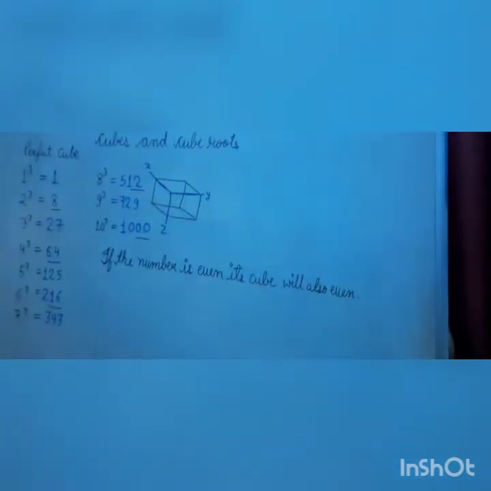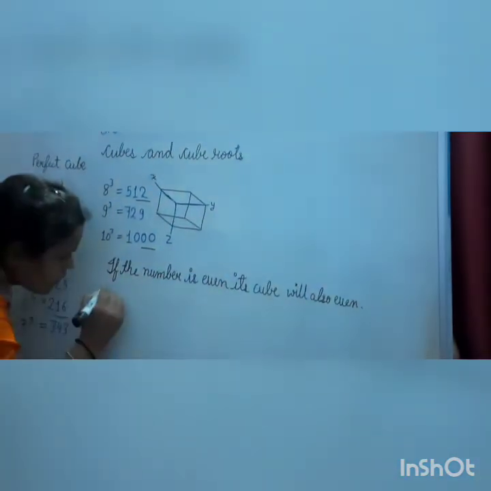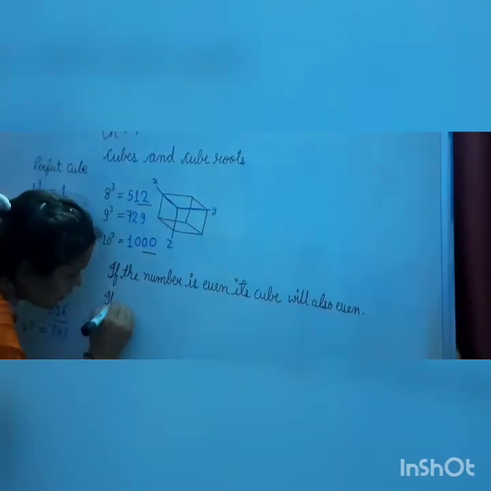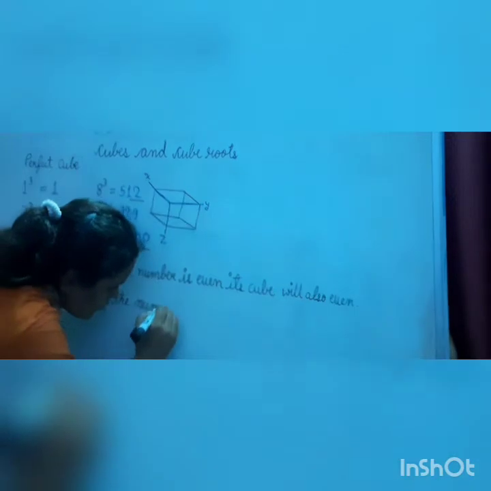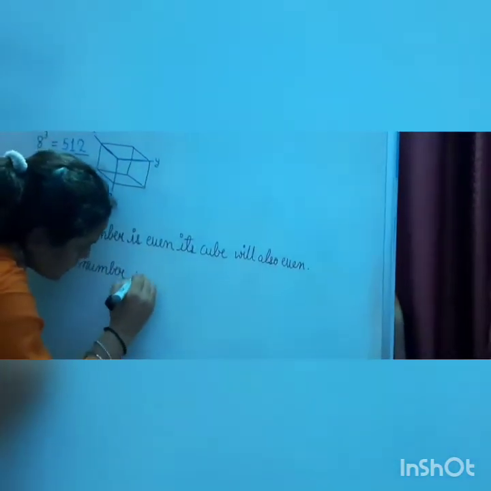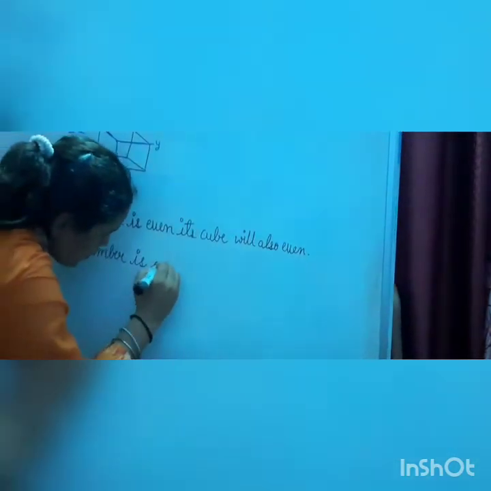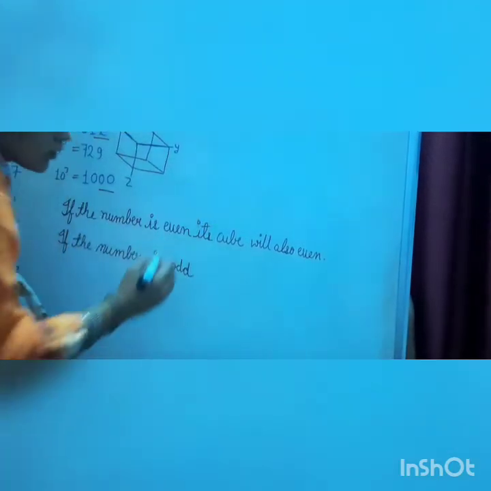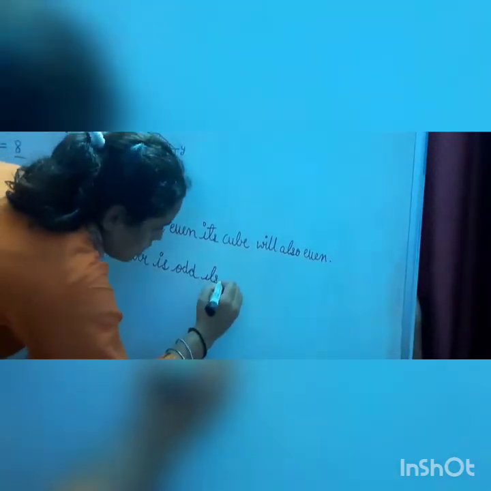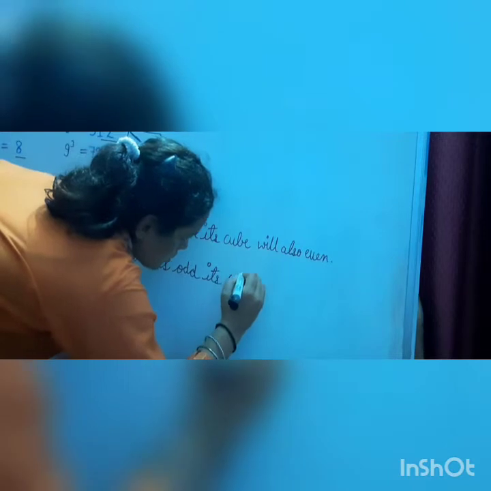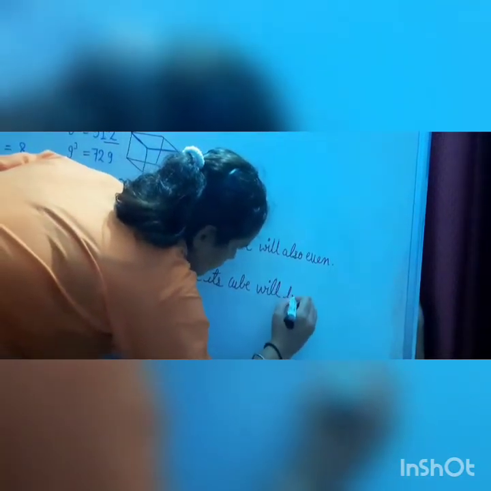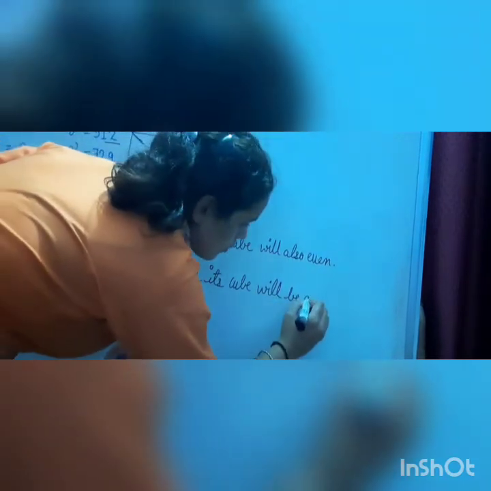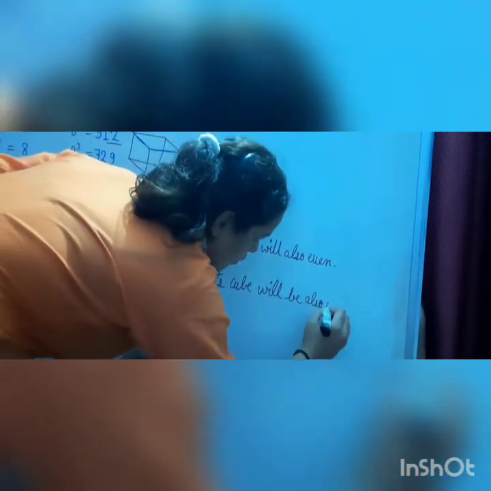Okay class. Next point, if the number is odd, its cube will also be odd.